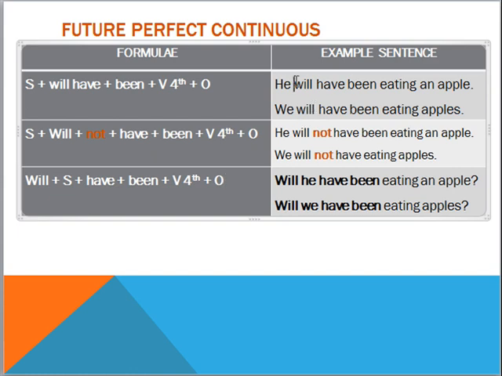So the example sentences are: he will have been eating an apple, or we will have been eating apples. Will have been is used with all: I, you, we, they, he, she, it, singular, whatever it is.